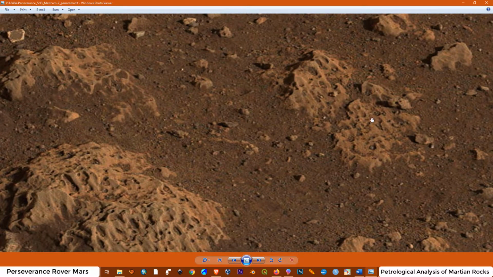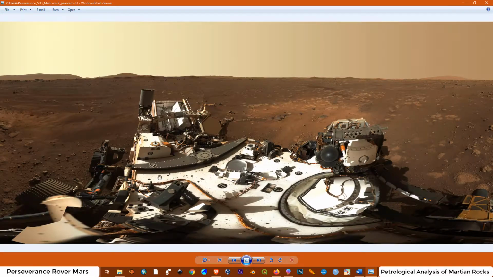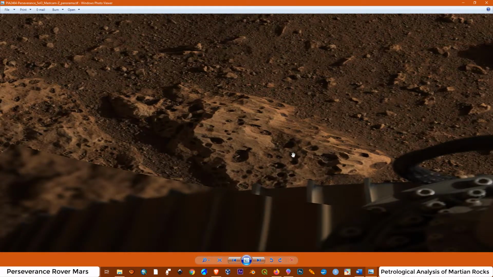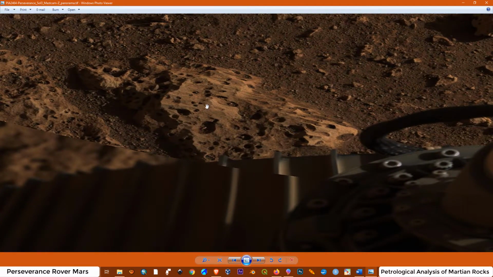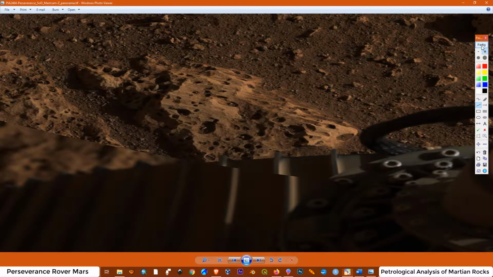As you can see in this one, for example, or in this one. Also, we can move to the other side of the picture. In this one, the diameter of the holes is pretty similar. Also, a dominant direction is observable, which is this one. In this image, we can see it clearly.